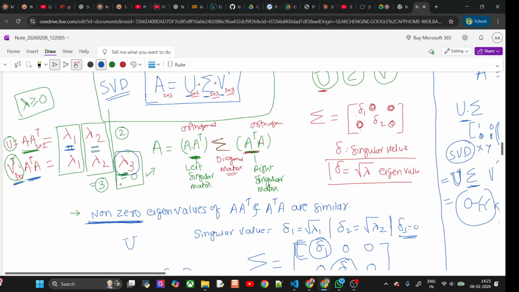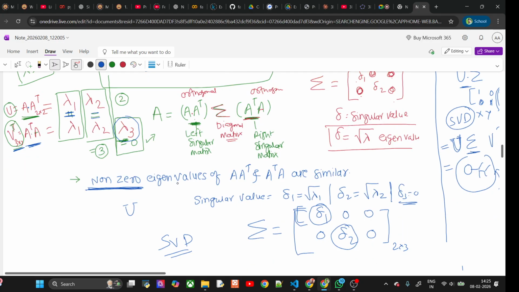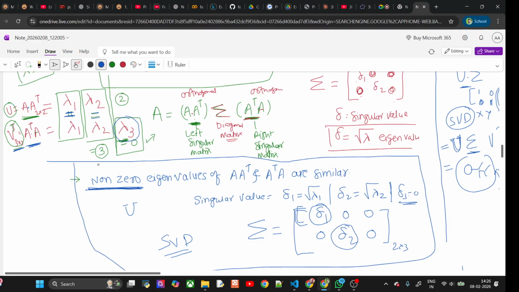This is the reference for solving issue 1 of PCA. We'll check that point on Wednesday's session. I thought we'd go today, but it's not good because this is math, and I don't want you to be bombarded with it. Just remember that the non-zero eigenvalues of A transpose A and A into A transpose are similar.